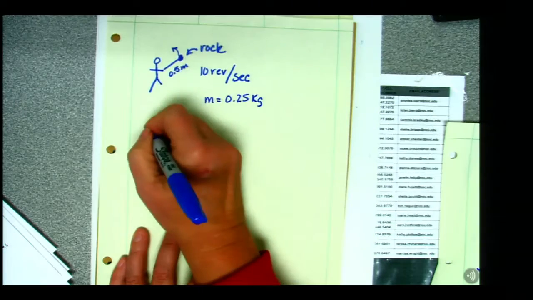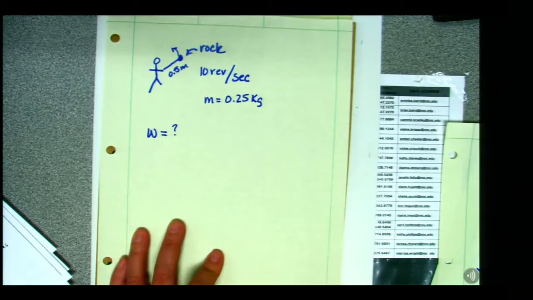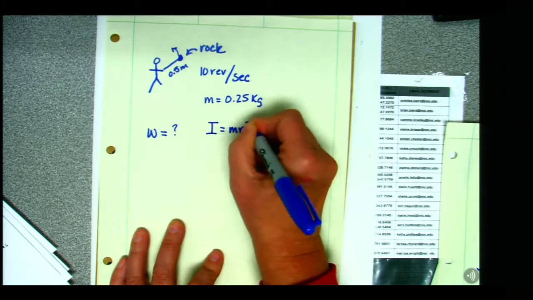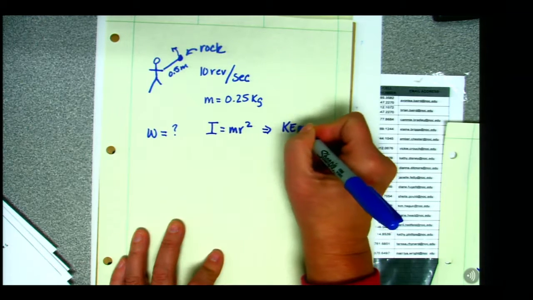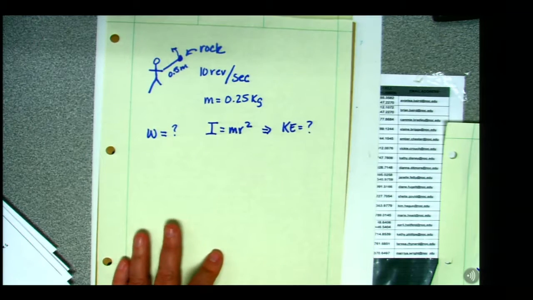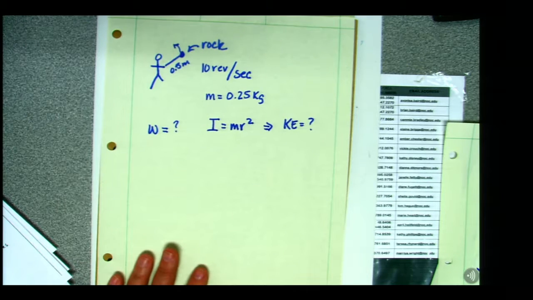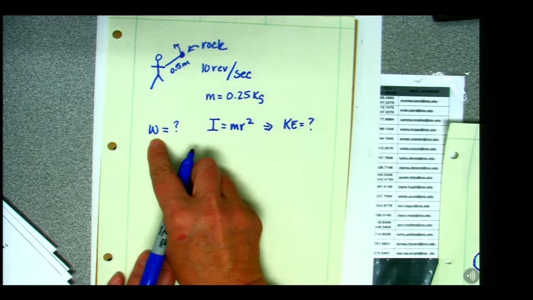What we want to calculate first is the angular velocity, then the moment of inertia, and then the kinetic energy. So let's do the angular speed first.